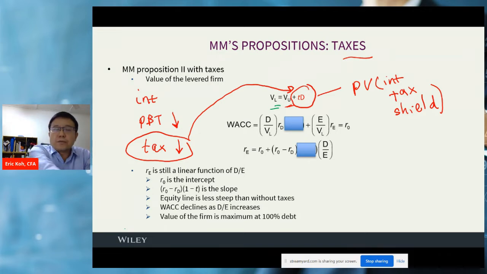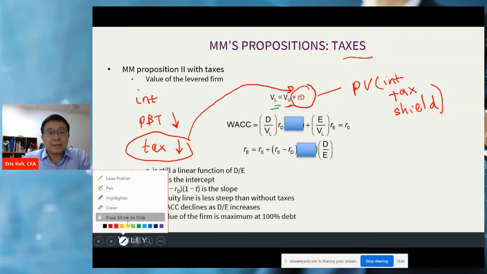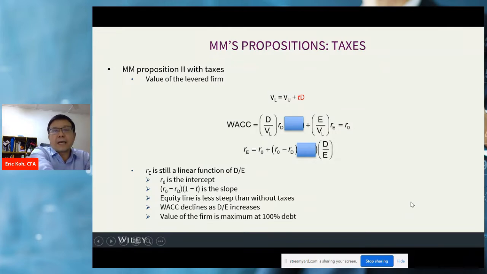I won't go through the further technical details behind the formula. All I'm showing you here is that if the firm borrows and pays interest, it is able to add value because it has some tax savings as compared with a 100% equity finance firm. Therefore, the firm's value in a levered position is higher, and the value add is represented by this TD, the tax rate multiplied by the debt amount.